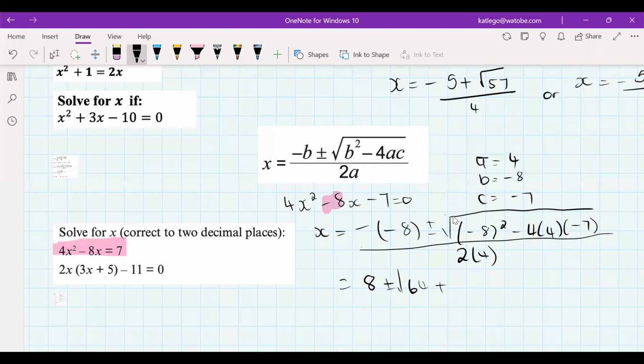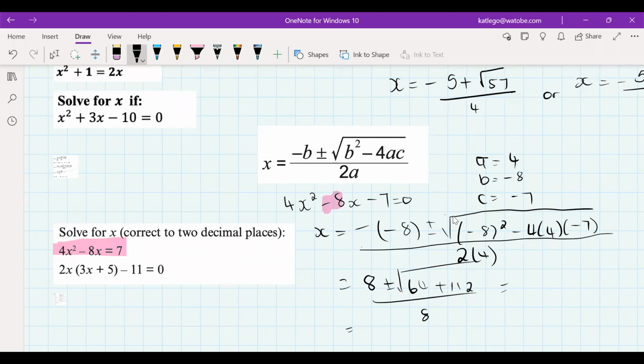Nope, I'm not going to do this in my mind. Let's see. It's 4 times 28 is 112. So it's 112, all over 8. And then under your square root, you're going to have 64 plus 112, which is 176.